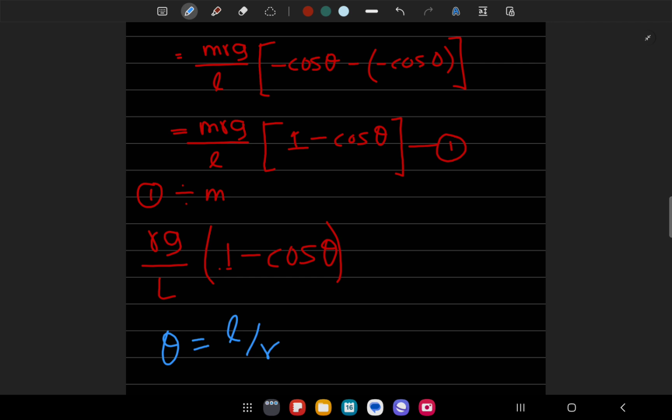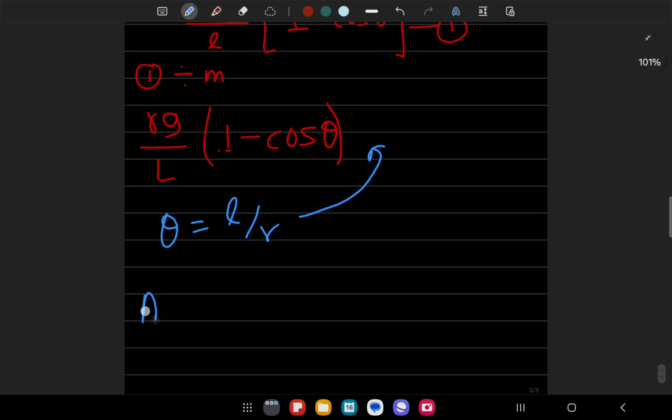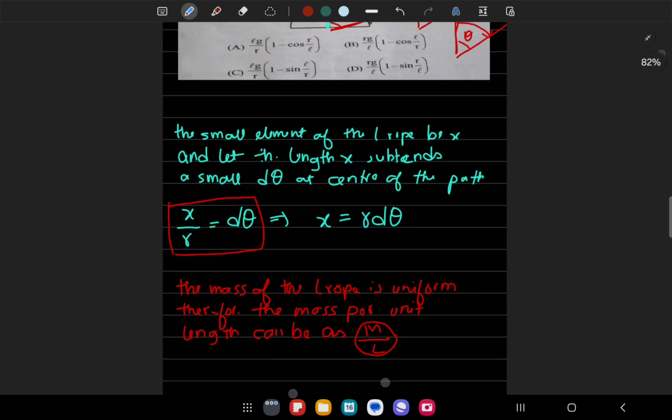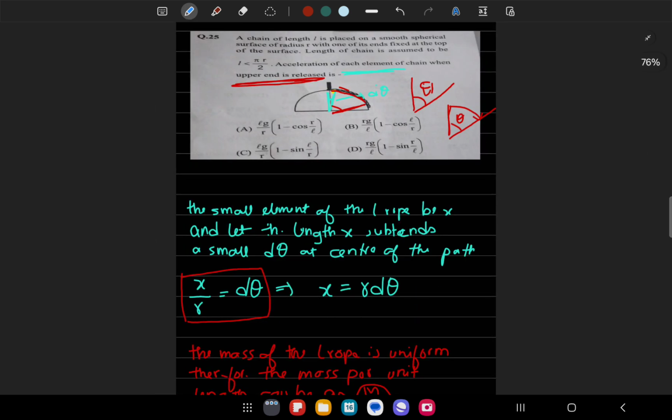Substituting theta in the above equation, we get our answer: the acceleration of each element is r g by L into 1 minus cos L by R. So the answer is option B. I hope you understand.